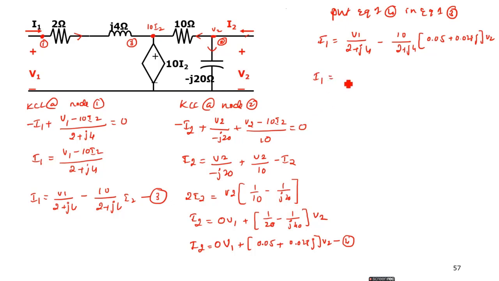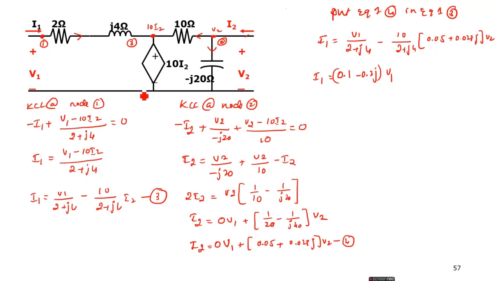Alright, so I1 equals, what is 1 divided by 2 plus J4? Its inverse. Have you got this as 0.1 minus 0.2 J into V1. Alright, simplify this: 0.05 plus 0.025 J into 10 divided by 2 plus 4J.